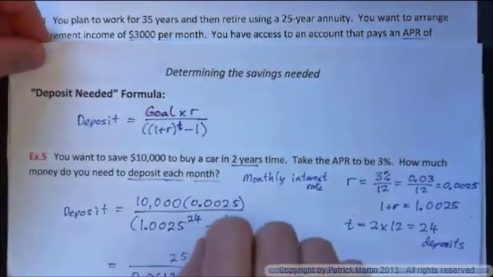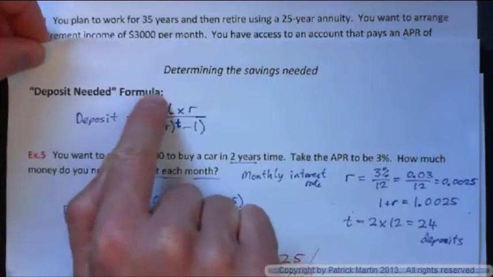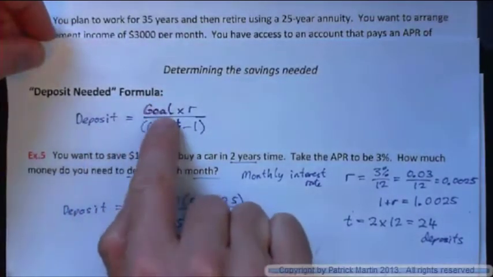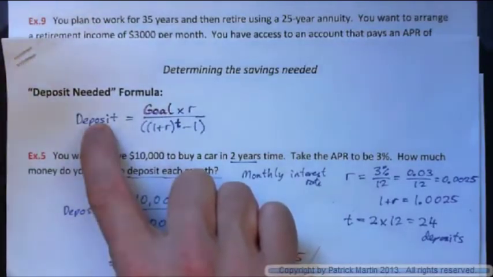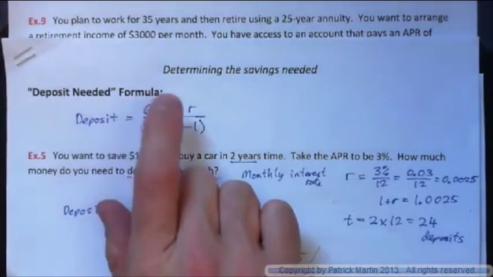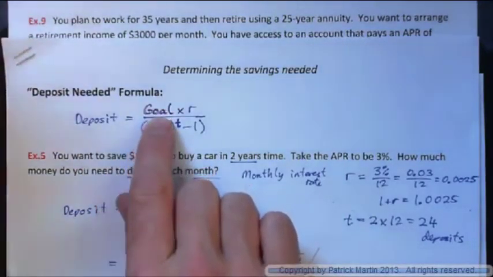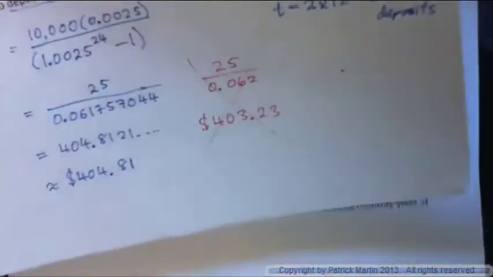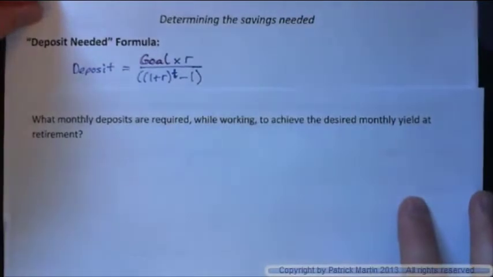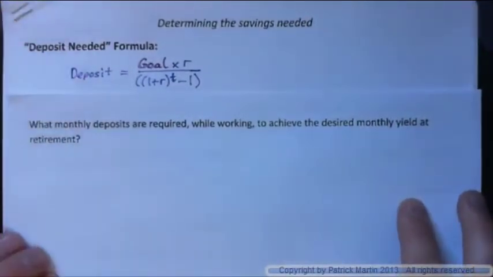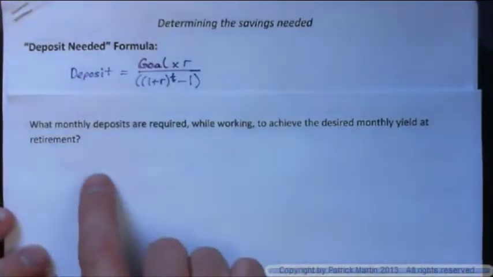So if we look back, we'll find a deposit needed formula, which if you know how much you want to save, that'll tell you how much you need to deposit every month to get the goal or the balance that you're looking for, right? So we'll go to our question now, and it says, what monthly deposits are required while working to achieve the desired monthly yield at retirement?